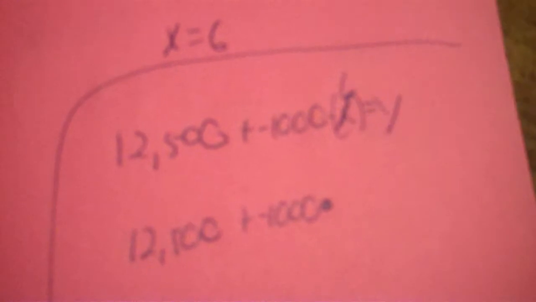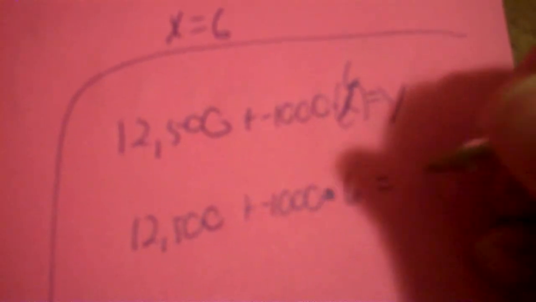So I replace the X with 6. So I have 12,500 plus -1,000. You can put the 6 in parentheses or you don't have to. It's up to you, but I know it's times. The dot will be there. Okay, now I multiply first. The Y is all by itself, okay? So I take -1,000 times 6. It's -6,000.